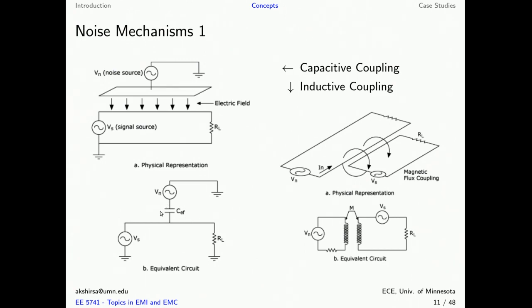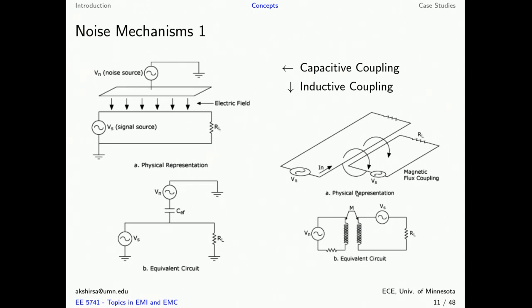This C effective is the equivalent capacitance formed by these two conductors and the space in the middle. Based on the value of C effective, the value of Vn, and the value of RL, we can calculate how much noise is going to get coupled onto this line, and which will thus be seen by RL.